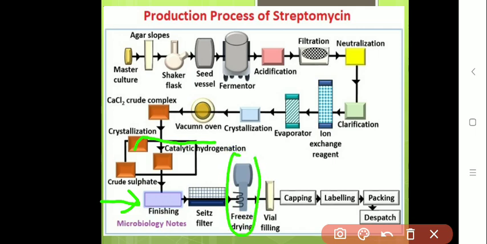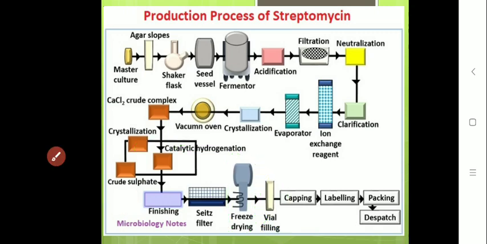Afterwards it is freeze dried and filled in particular vials. Then the further process of capping, labeling, packaging is carried out and finally it is dispatched to the market. So this is the exact flow chart of the production process of streptomycin.